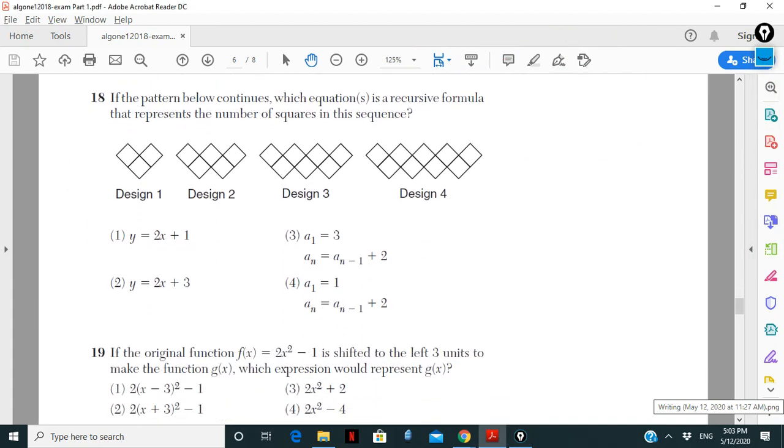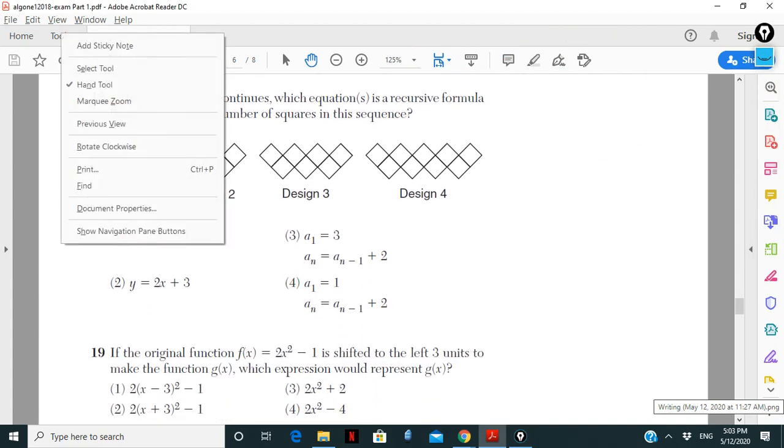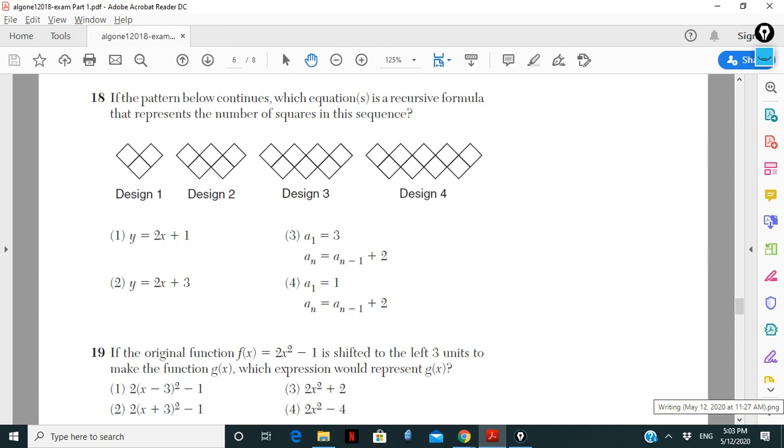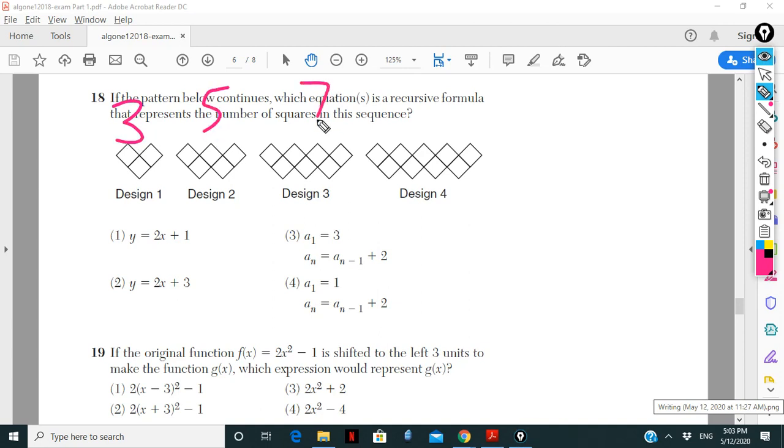Question number 18. If the pattern continues, which equation is a recursive formula that represents the number of squares in the pattern? So look here. Here is the shape, so I have to convert it to numbers: 3, 5, 7, 9.